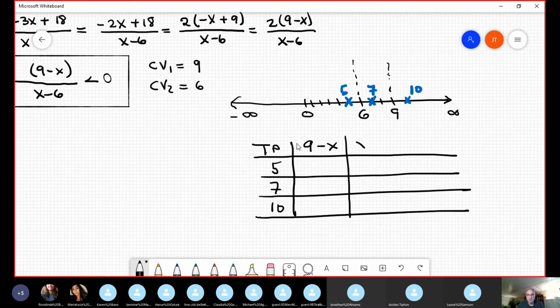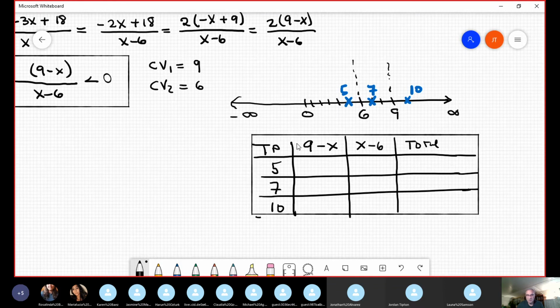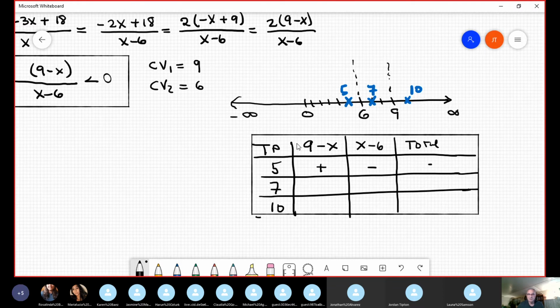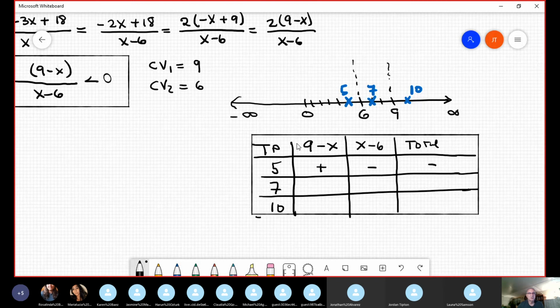I don't care. x minus 6 on top. 5 is positive and negative, because positive divided by, in this case, division, not multiplication, because it's rational. Okay, but it's negative. 7 is positive. 10 is negative, because 9 minus 10 is negative. And 10 here is positive. And negative.